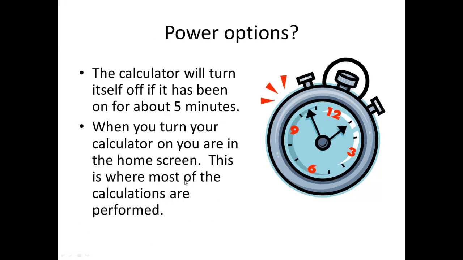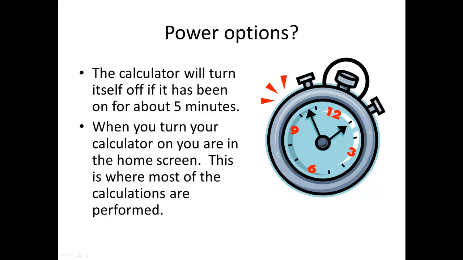One thing I'll note about that, the calculator does have an automatic power off feature, so if you do leave it running for a period of time, after about 5 minutes it's going to shut off. But that's probably not a really good idea to keep doing overall, because your batteries are going to run down if you keep doing it. So make sure that whenever you're done that you do turn it off.